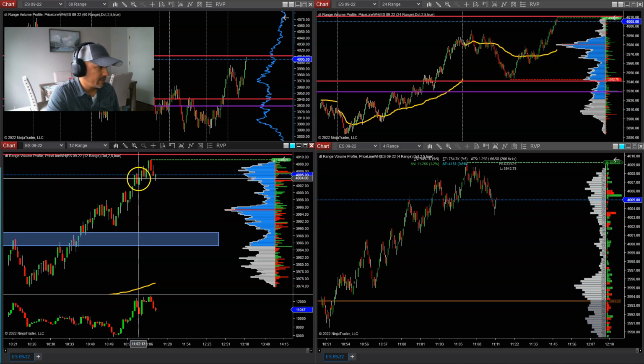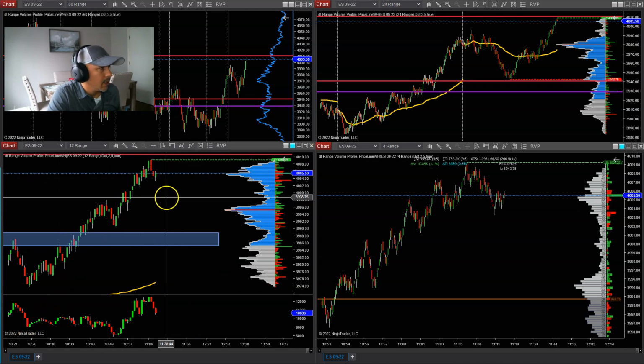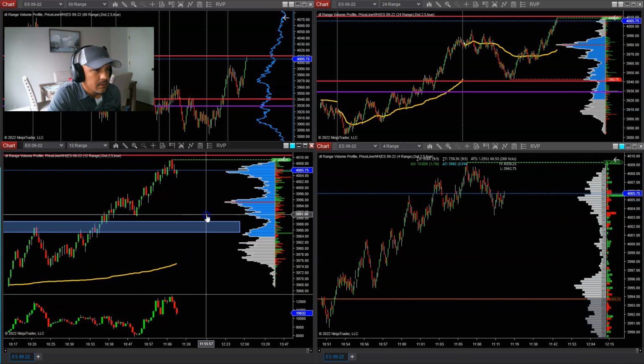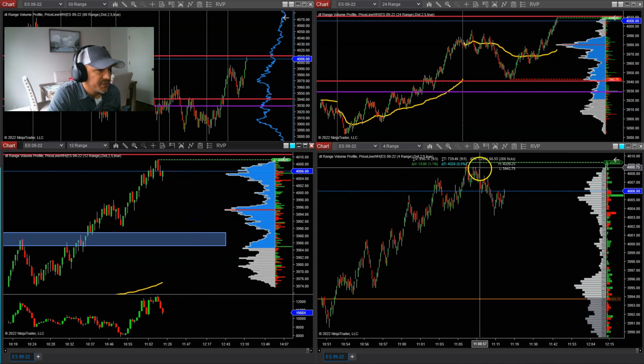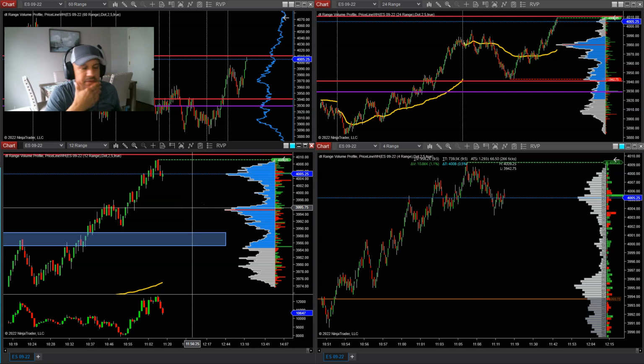It's an area of demand sitting right here, below a low volume area, so price could bounce right here and push back up to the high. All right, I'm up 57 ticks right now. That was rejection from the tops there, and I went short there, a little aggressive, but it was rejection.